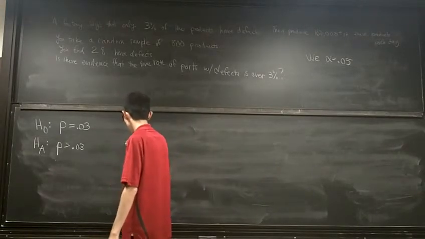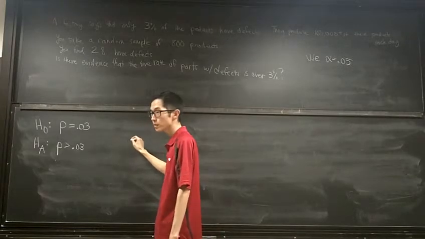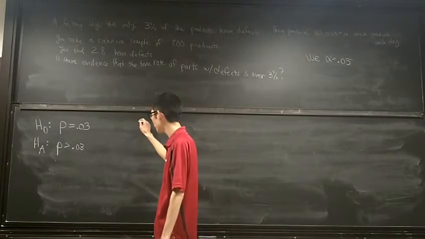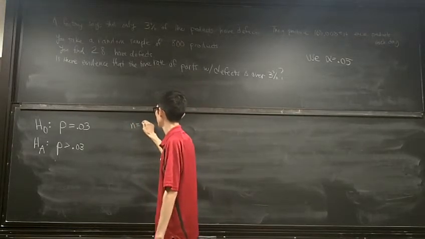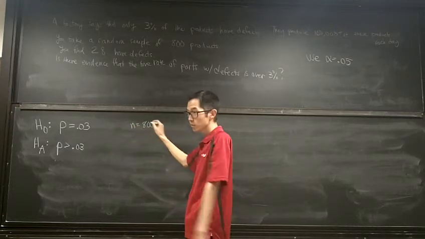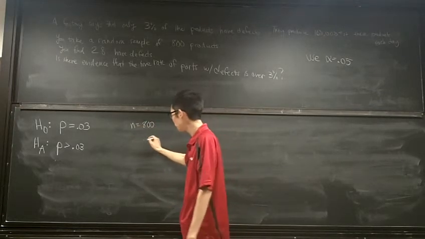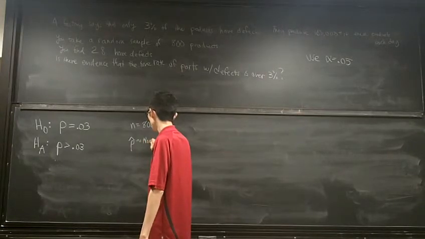Now, anytime I take a random sample, how big was my sample? 800. My sample is 800 parts, and according to the central limit theorem, my p-hat should come from a normal distribution.